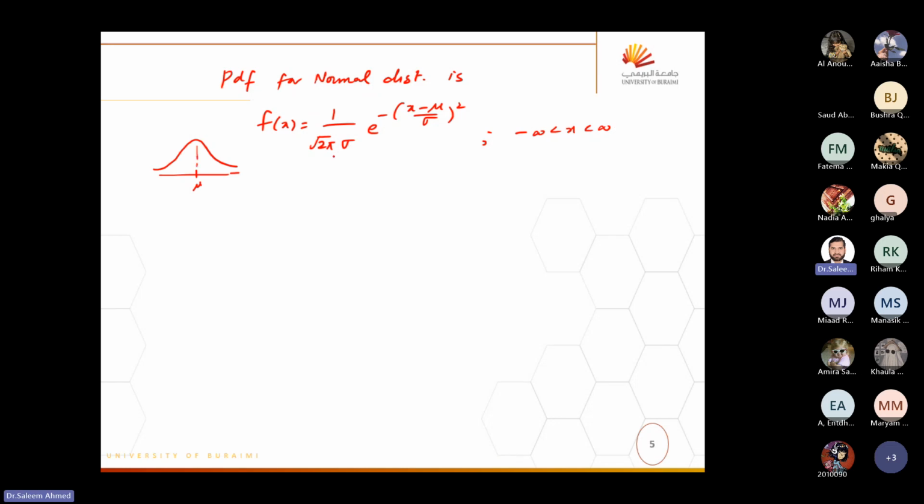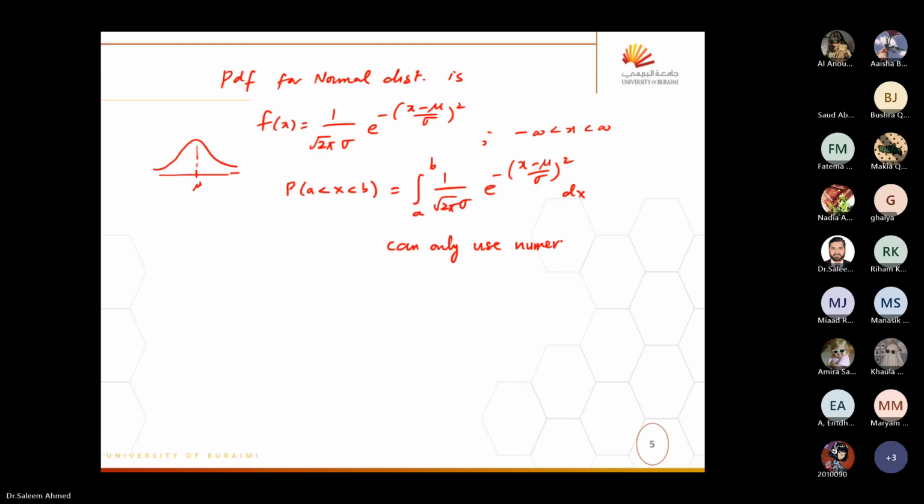If I ask you to find the probability between a and b, you have to integrate this function from a to b. And this function is not possible to integrate in closed form, so we can only use numerical methods to find the answers. I gave you details in the last class.